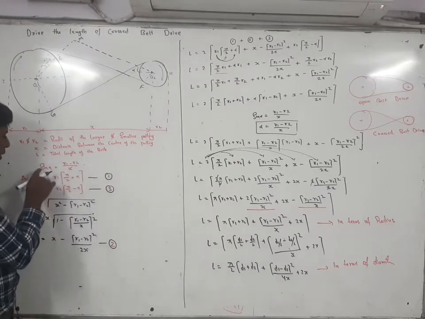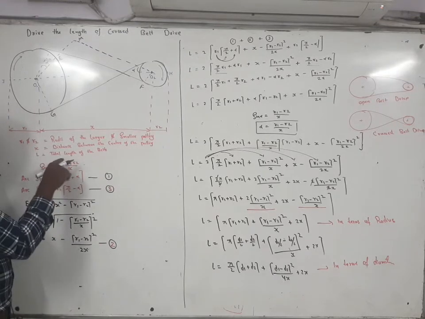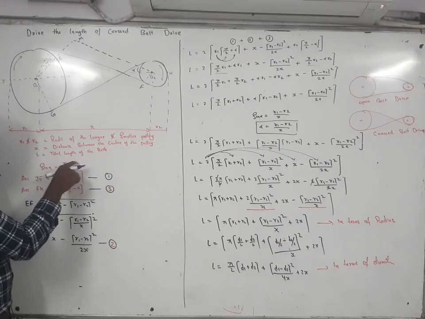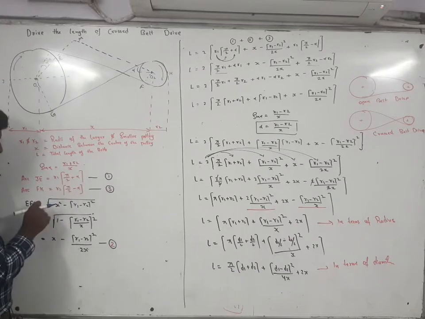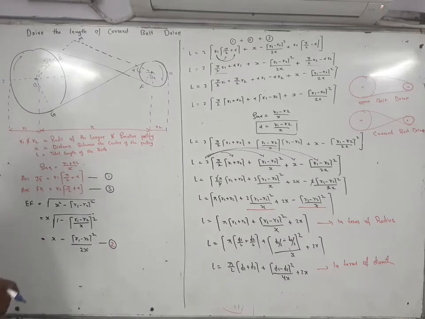Sin alpha is equal to (R1 plus R2) by X. Here arc JE you have to consider as plus and arc AF is also plus.